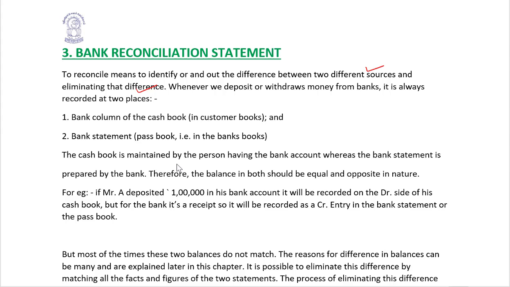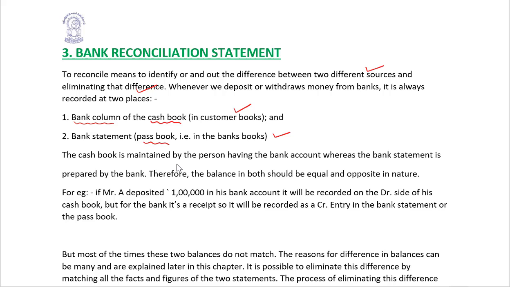Whenever we deposit or withdraw money from the bank, it is always recorded at two places. First, the bank column of the cash book, that is the customer's book. Number two, the bank statement, that is the passbook. It is the bank's book.